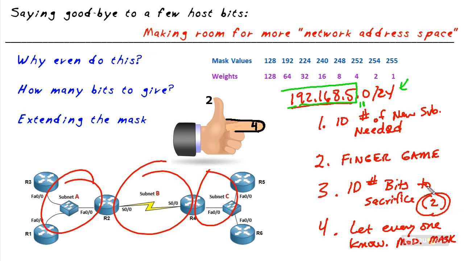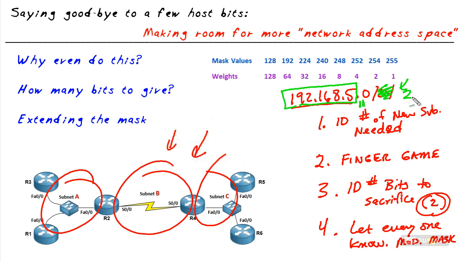But now, if we're going to use the first 2 additional bits of that last octet, we need to change the mask. And that, my friend, is how we communicate the details of using additional bits for the purpose of networking. We're simply going to move the mask that many bits to the right, and they're still going to be contiguous. So now it's going to be the first 24 bits here, plus the first 2 of this last octet. The new mask is going to be 26.